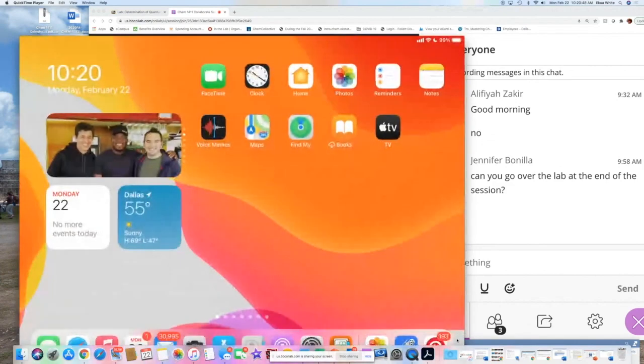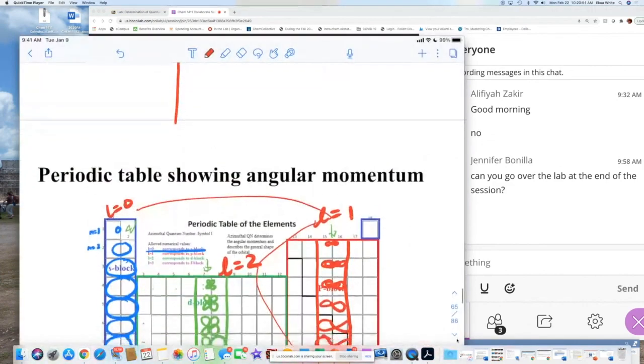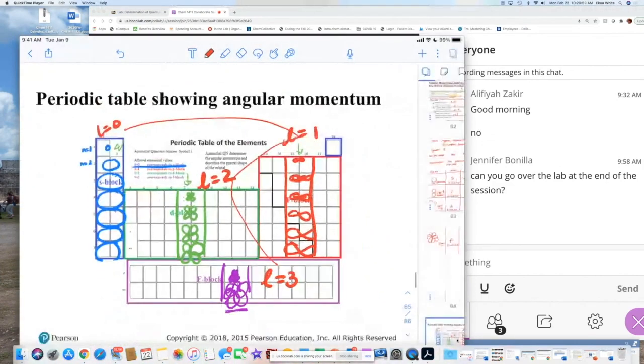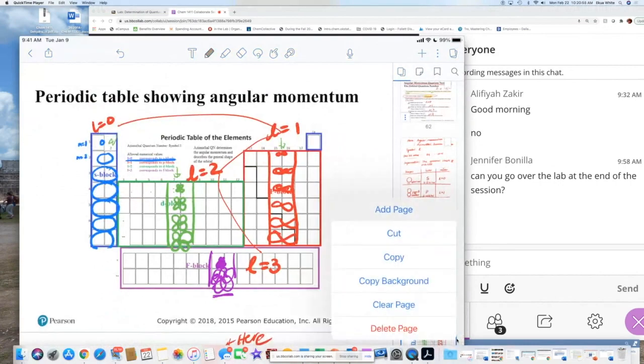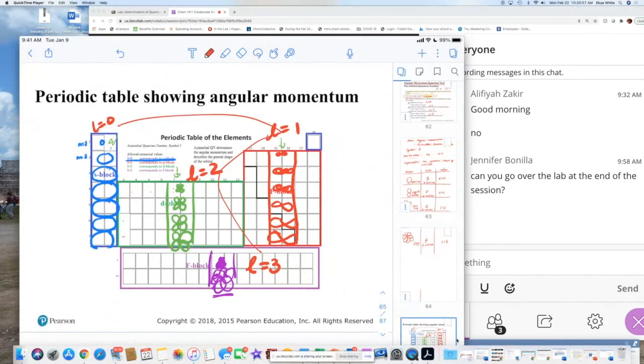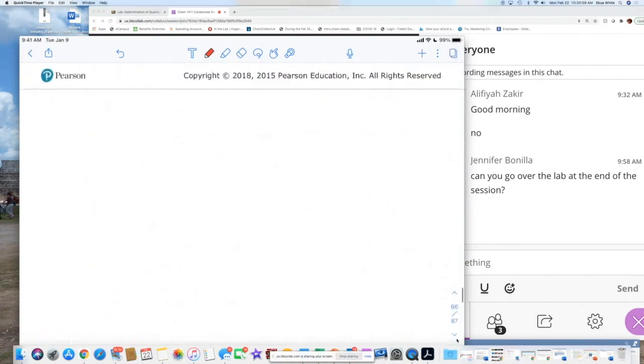Let me see if I can get it into my app, so we can see the elements and actually work on that. Add a page on the bottom here. Oh no, it's not bringing the periodic table.